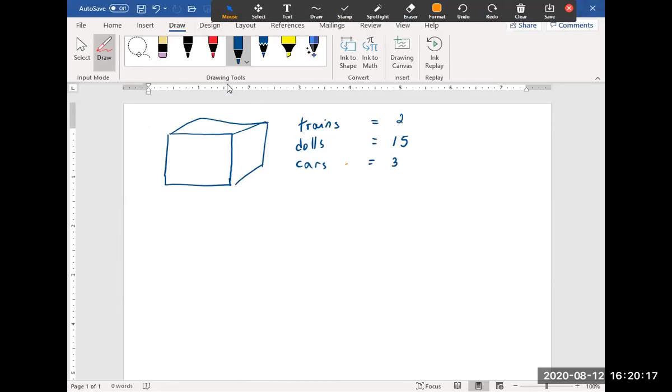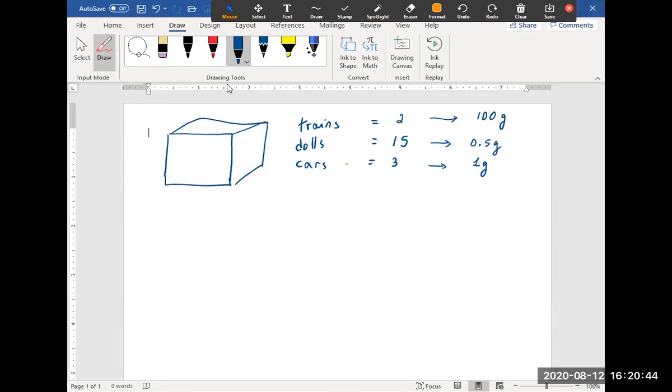So, if each train has a weight of, let's say 100 grams, okay? Each doll has a weight of 0.5 grams, and each car has a weight of 1 gram, okay?